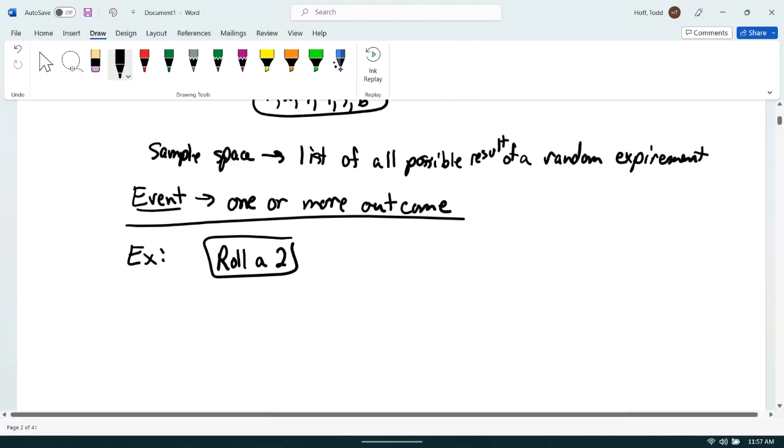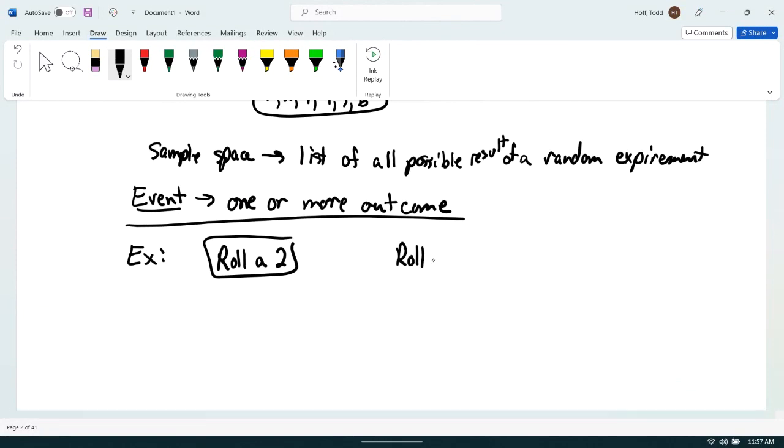But I could also have an event that was rolling an odd number. So the results here would be a 1, a 3, or a 5. Those little squiggly brackets are what we use to list the outcomes of a random experiment like this. So that contains 3 possible outcomes. The event of rolling an odd number could be any of those 3, a 1, a 3, or a 5 of rolling that die.